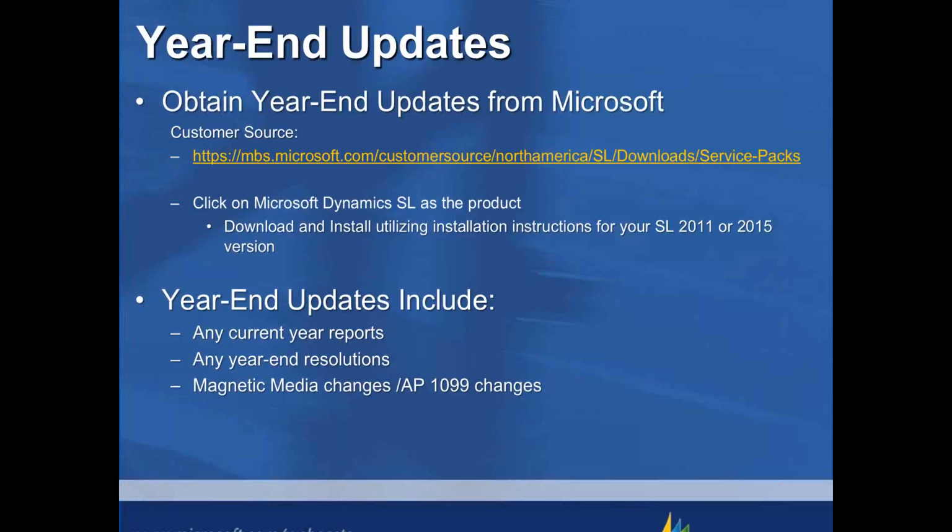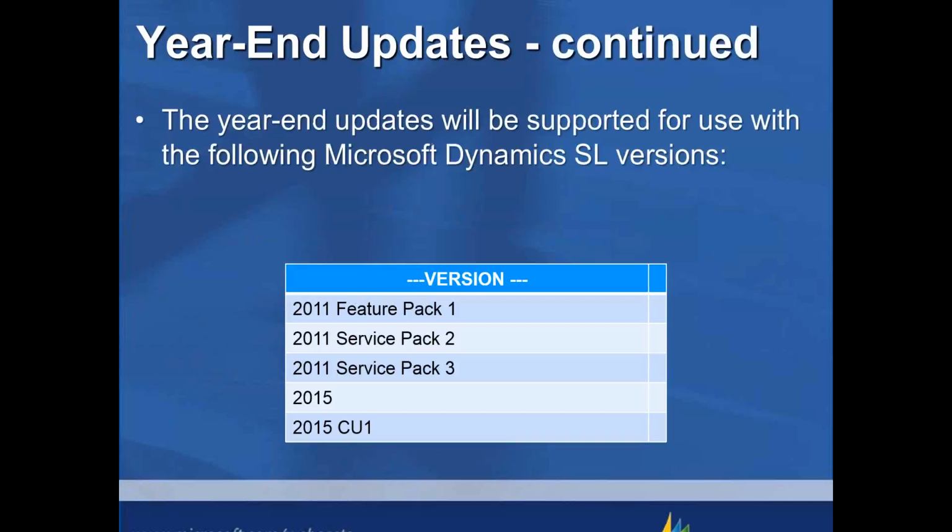So the updates include current year reports, year-end type issues that have been changed, magnetic media changes, and 1099 changes. The year-end updates will be available for these versions.